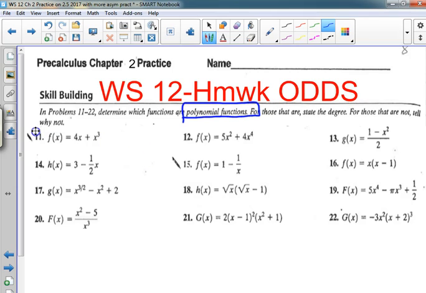So what's number 11? That graph is a smooth continuous curve, the cubic, right? So that was a yes. I'm not writing down answers because I want you to be paying attention. We're doing 13. It has a denominator, but doesn't have an x.